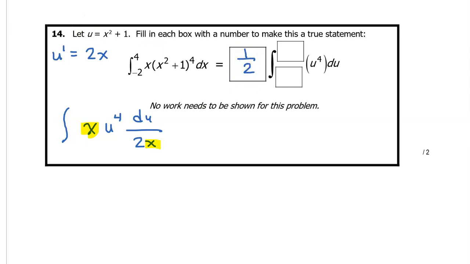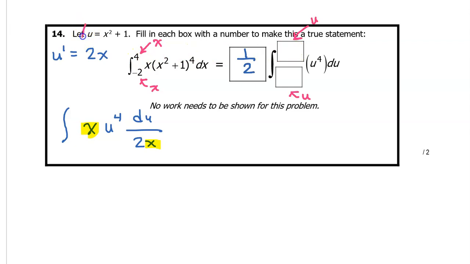Now let's talk about the limits of integration. This is an x value, and so is this. On the other hand, this is a value of u, and so is this. So, how do I turn an x value into a u value?